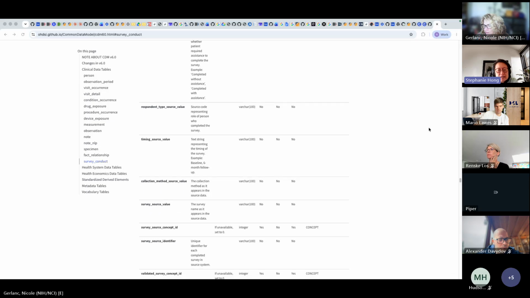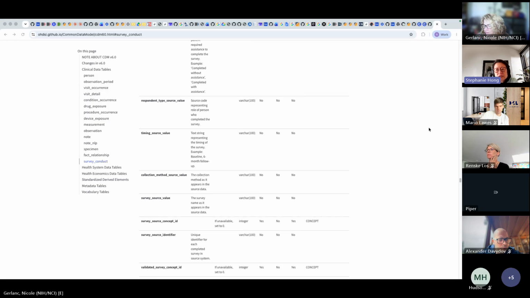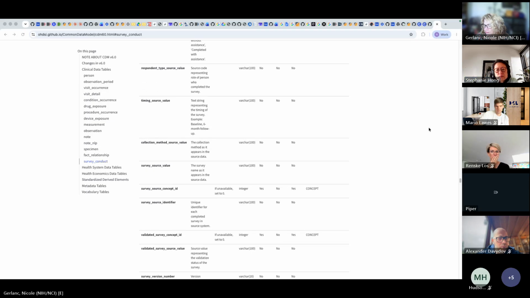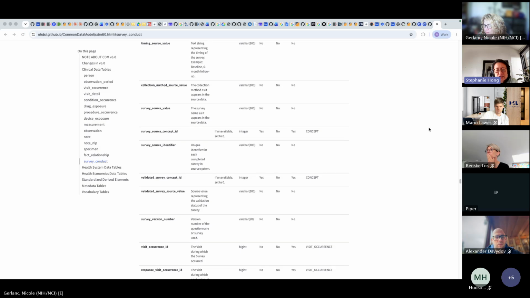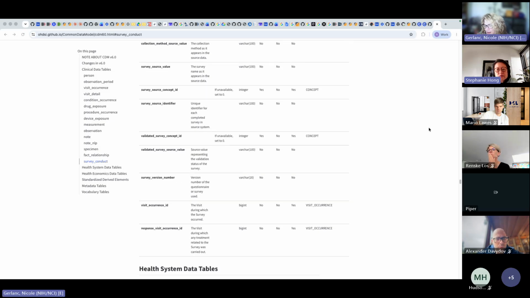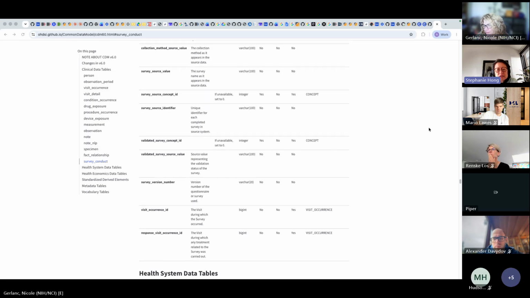So the survey conduct table was to describe how that survey data was collected. It's not actually about the survey questions and answers, but how it was conducted and which visit it was and which observation record it links to.